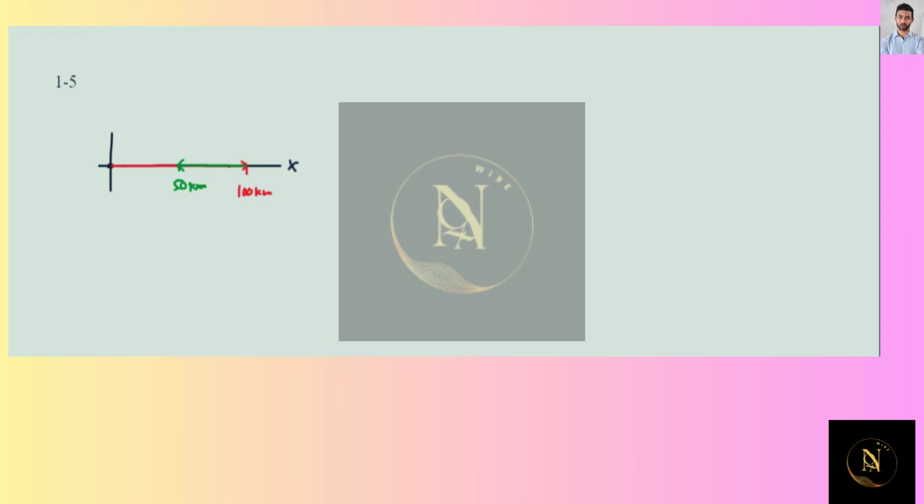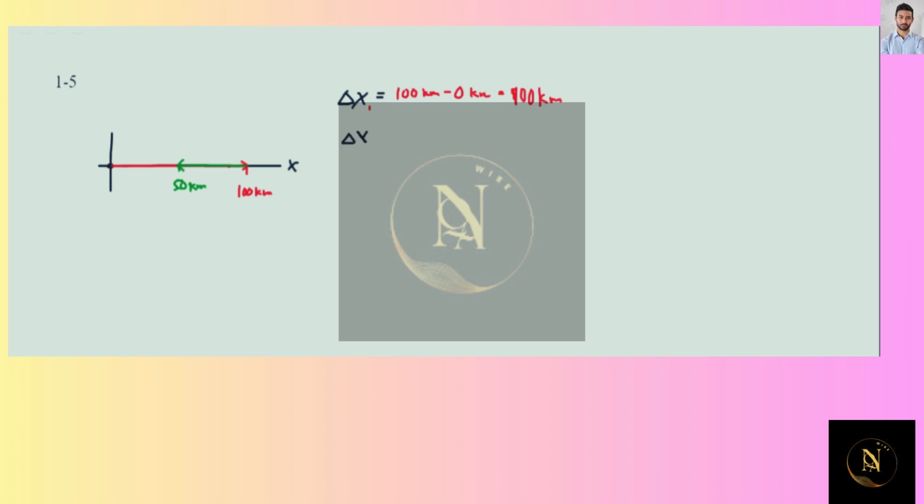It asks to choose your object of reference and coordinate axis so that the scalar component of this vector is positive. So first we look at our net displacement. For situation 1, starting at the origin, I'll do this in red, our displacement is from 100 kilometers as our final spot to our initial spot of 0 kilometers. That's 100 kilometers traveled.